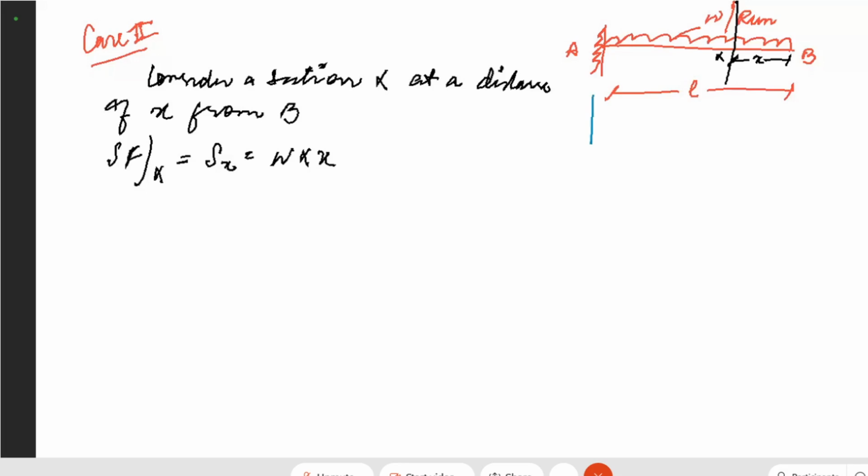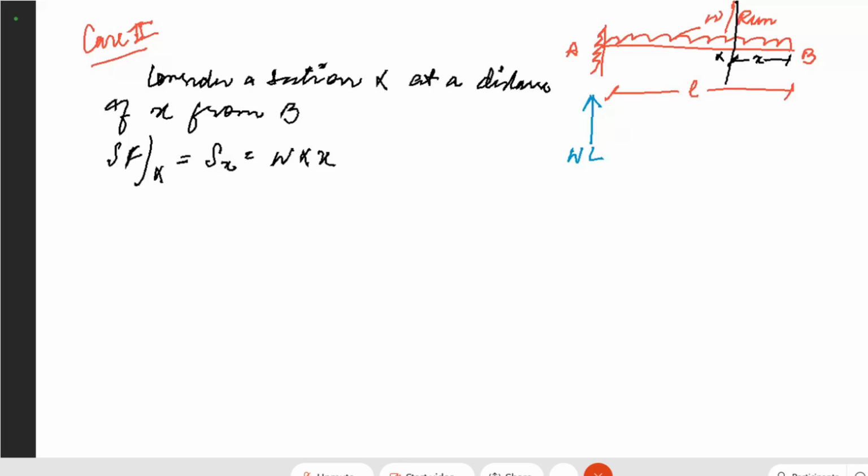Your total load at point A will be W times L, because it is the load which is uniformly distributed having an intensity of W per unit meter, or per unit mm, per unit cm, whatever the unit of length is.